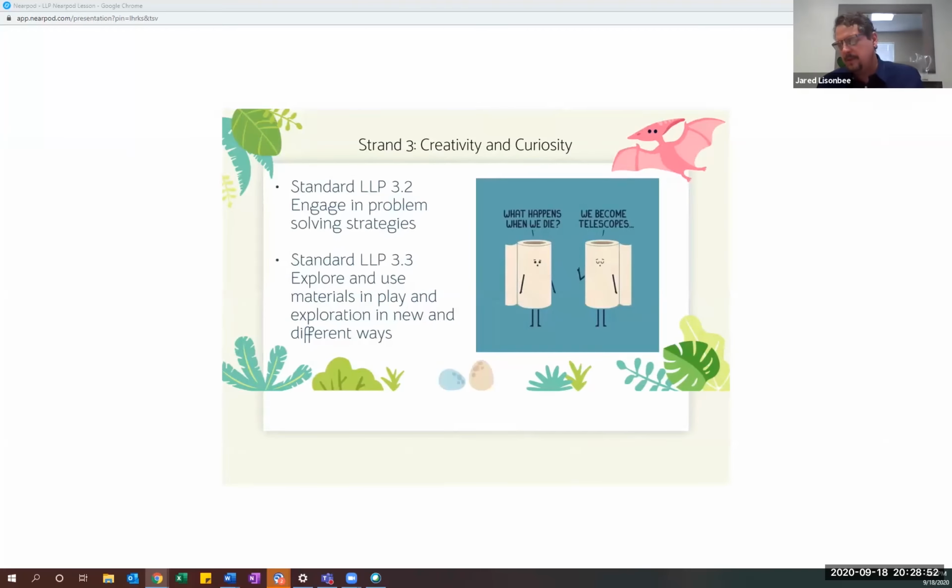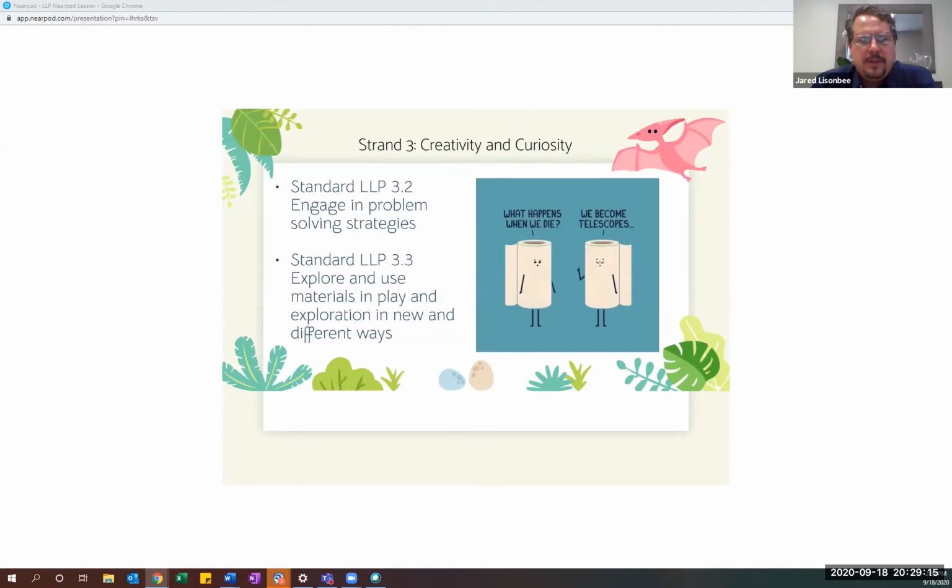Okay. Final part here of strand 3 is the creativity. This has engage in problem-solving strategies. I love seeing teachers or other people working with children encourage children to develop problem-solving strategies, and we'll talk a little bit more when we get on the social emotional side.